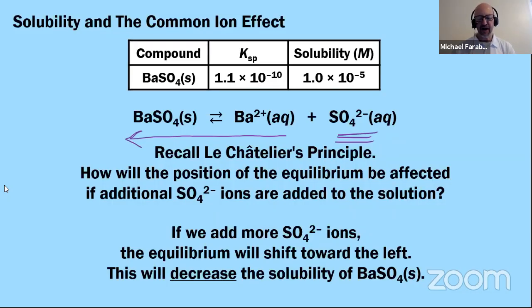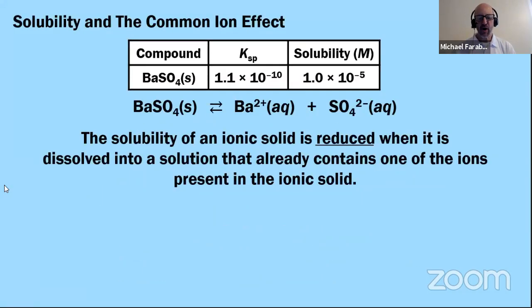So let me go ahead and define for you. The common ion effect essentially says the following: that the solubility of an ionic solid is going to be reduced when it is dissolved in a solution that already contains a common ion, as in one of the ions present in the solid.